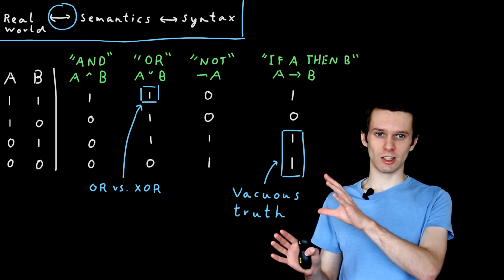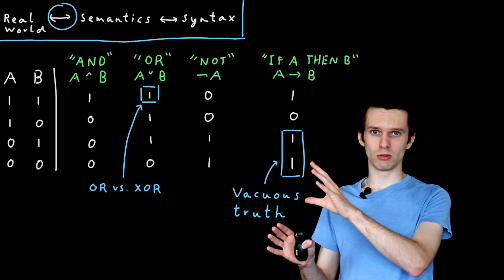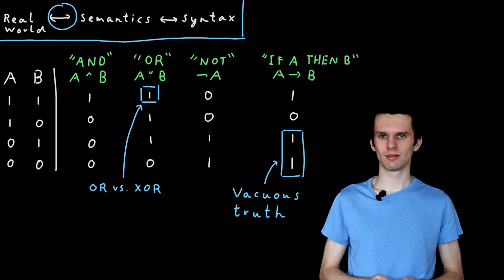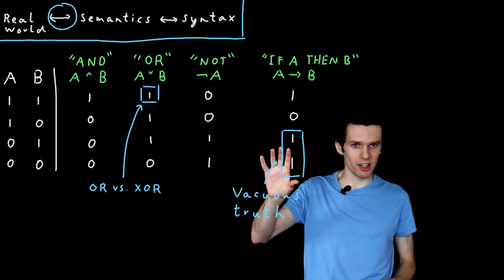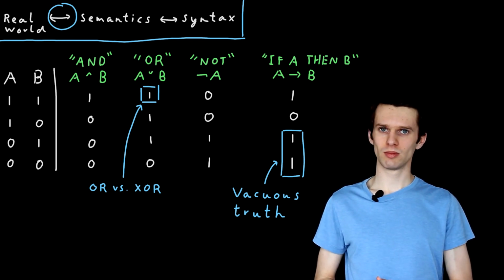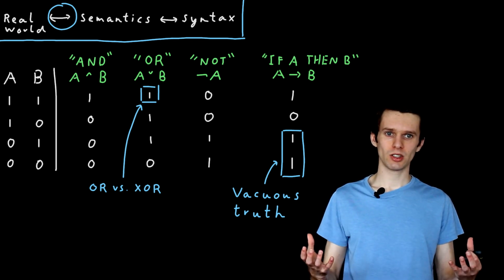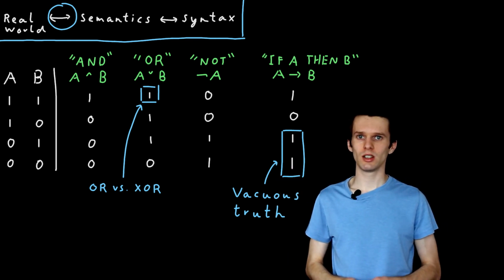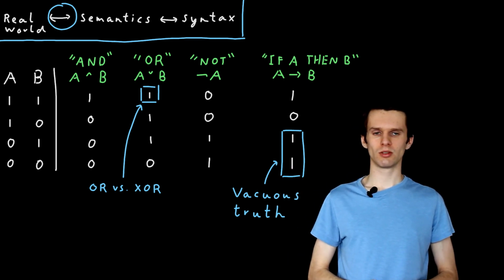It's used particularly in mathematical proof, specifically proof by induction a lot of the time. It's also a reasonable model of the real world. And these two things combined mean that assigning 1 to these values is a sensible choice.